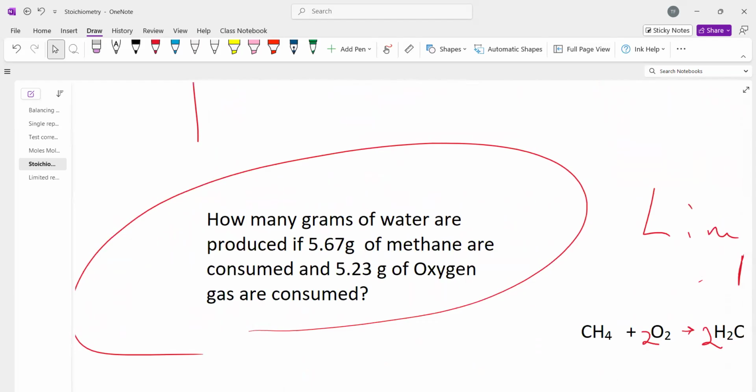There's two of them, right? So you have to do two calculations to figure out which produces less. Then you have to figure out how much of what you started with is consumed and left over. And then you typically do a percent yield. So there's 4 calculations there instead of 1.